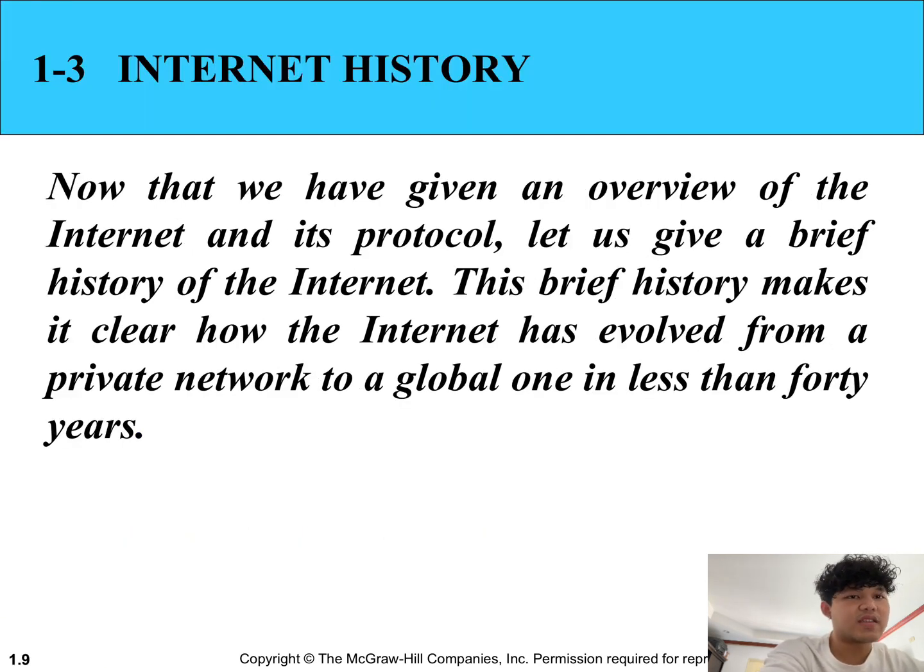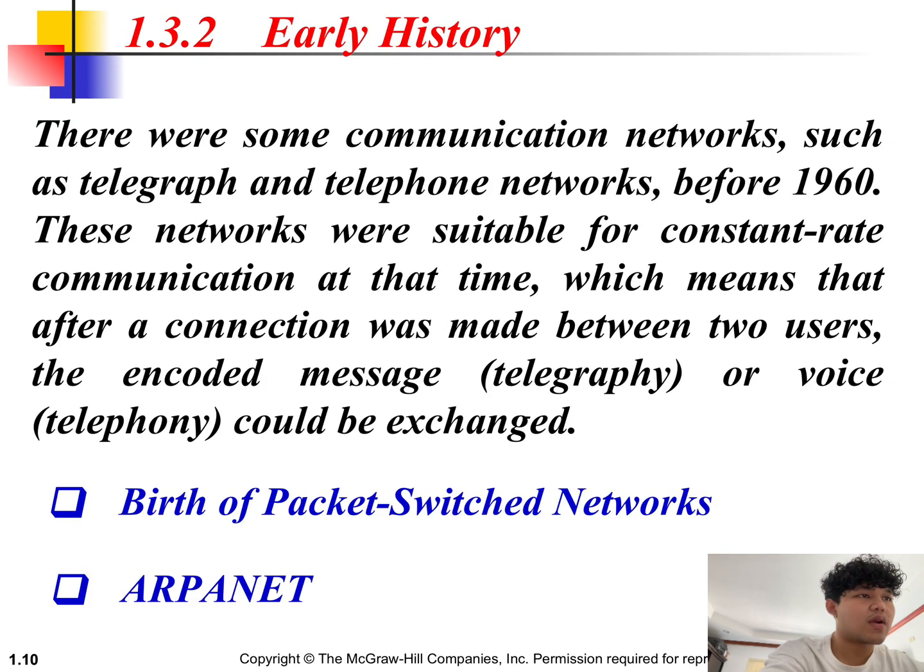So, the Internet history. Now that we have given an overview of the Internet and its protocol, let's give a brief history of the Internet. This brief history makes it clear how the Internet evolved from a private network to a global one in less than 40 years. Early history.